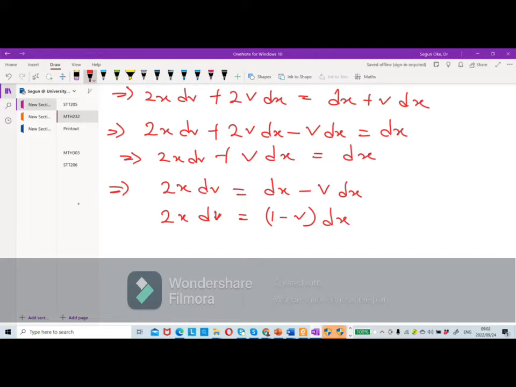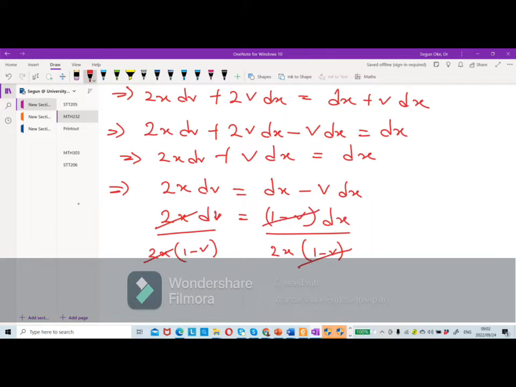So I can use 2x divided, and 1 minus v also should come. Then here, 2x again, and 1 minus v. So 2x here will go with 2x here. 1 minus v will leave this place.